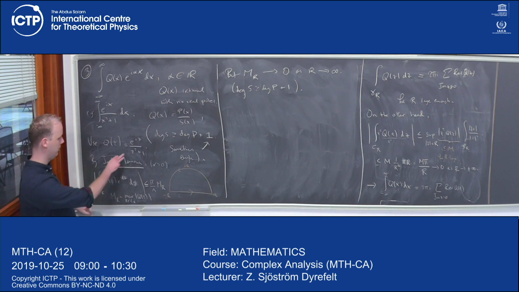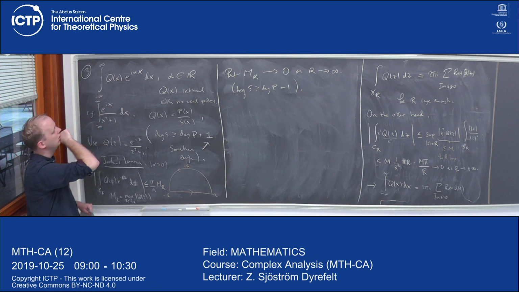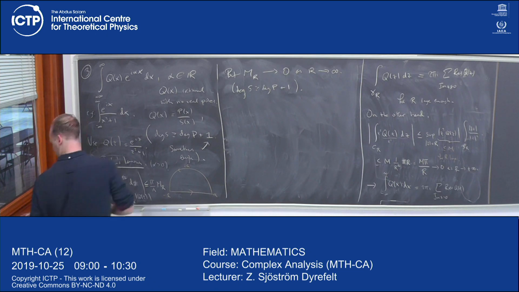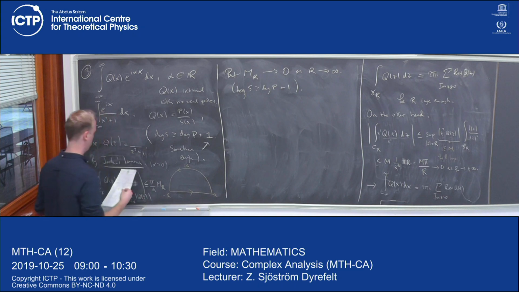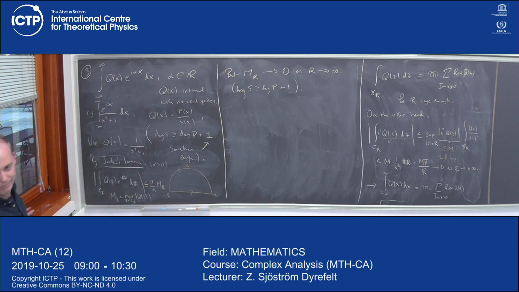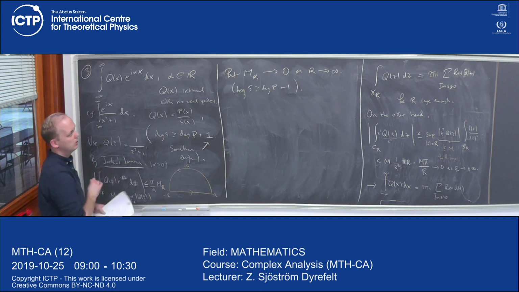Yes, indeed, thank you. Of course you will consider this function that I wrote down, but the one I wanted to call q of z was indeed the rational part.